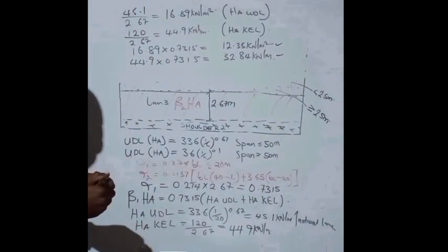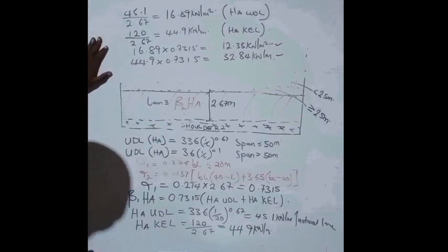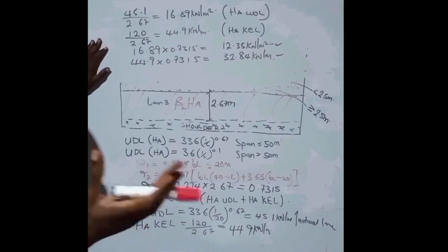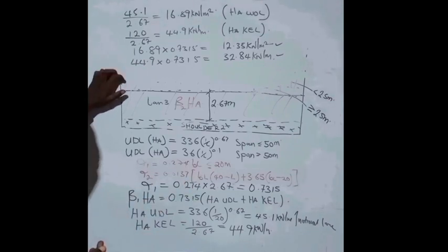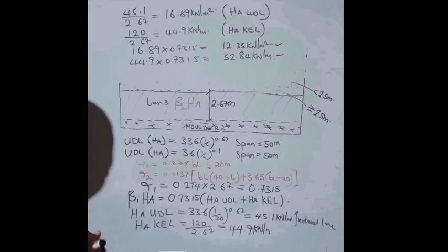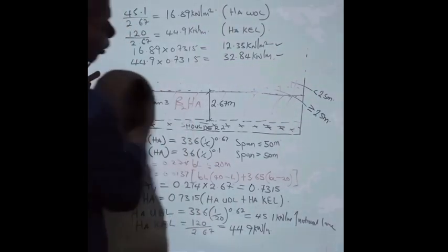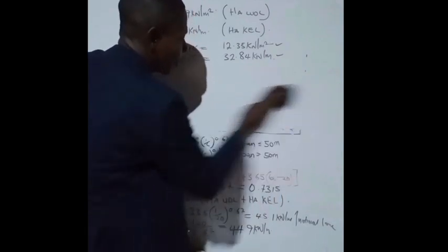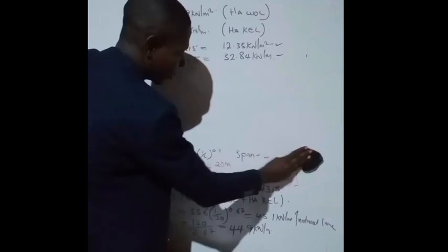So we can now draw the cross section of this particular deck, which we've just analyzed. Remember, we have 5 longitudinal girders, and all we need to do is draw a cross section of it. So let's draw a cross section of the deck.